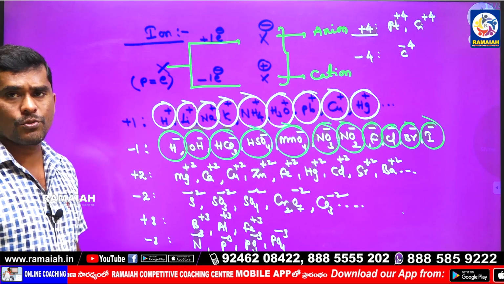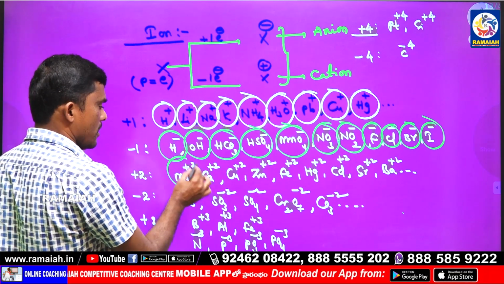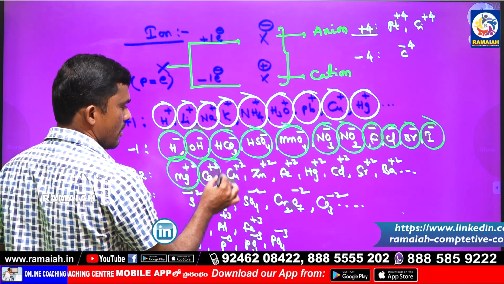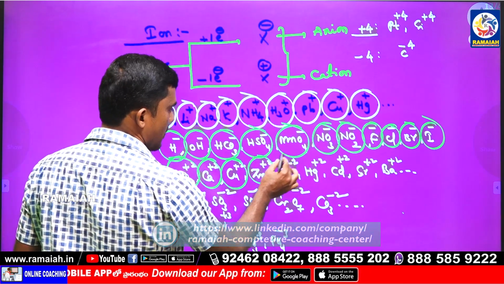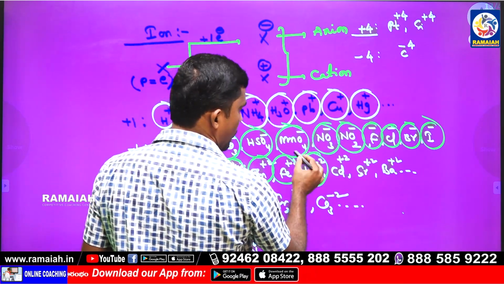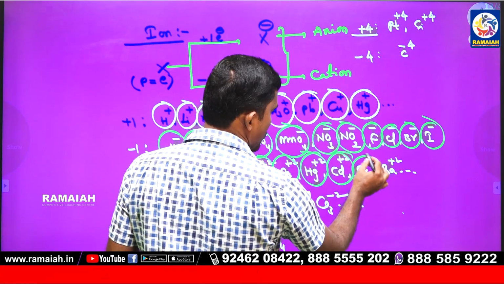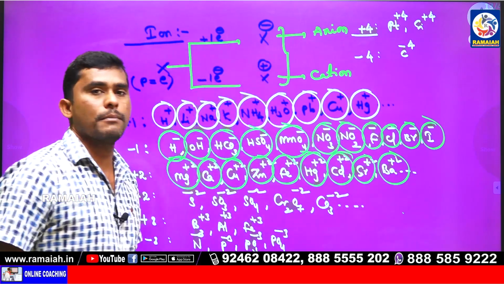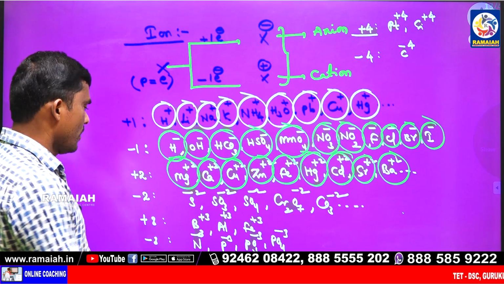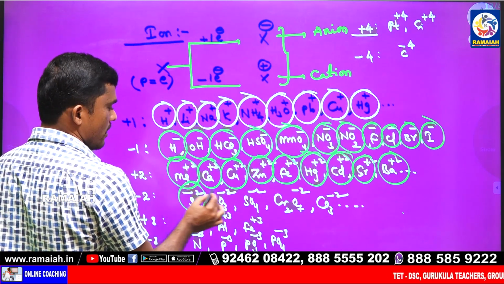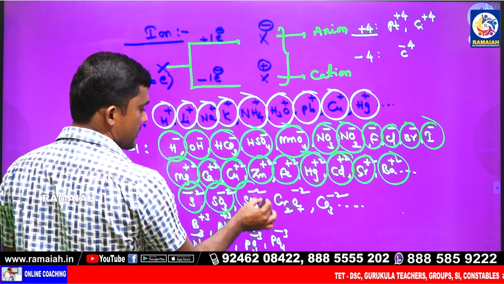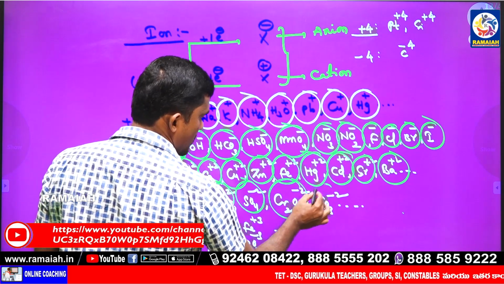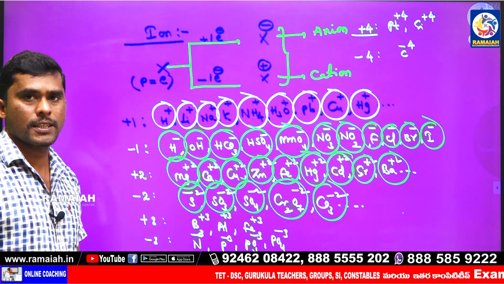So plus 2 charged ions: magnesium ion, calcium ion, copper ion, zinc ion, iron ion, mercury ion, cadmium, strontium, and barium ions. Negative: S minus 2 sulfide, sulfite, sulfate, dichromate, carbonate.